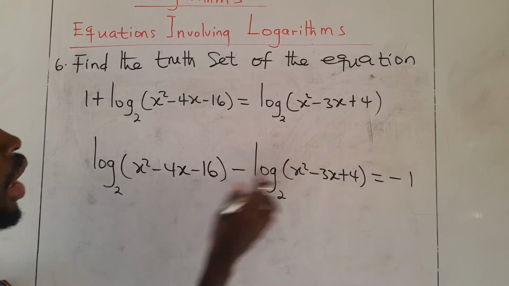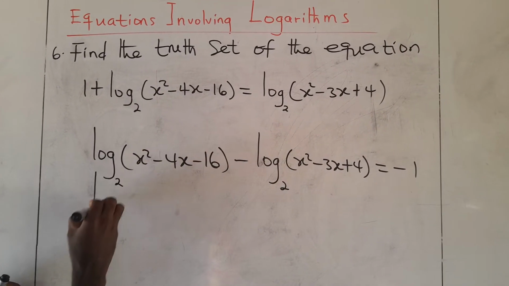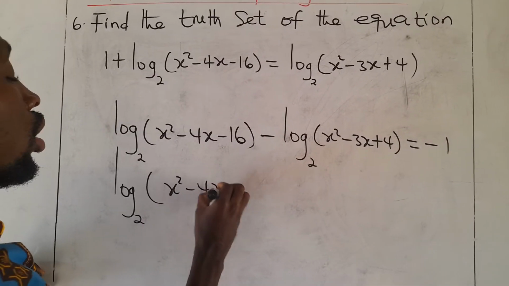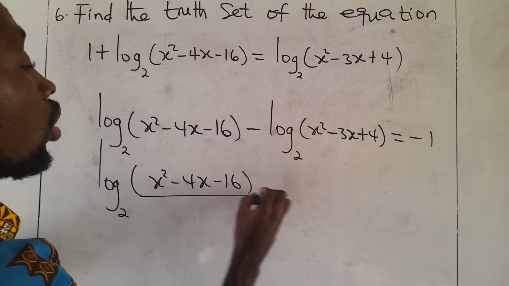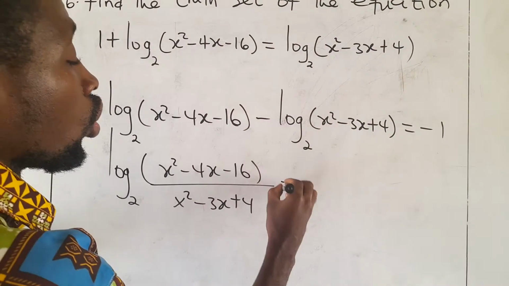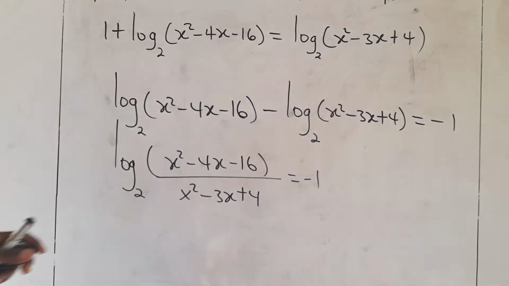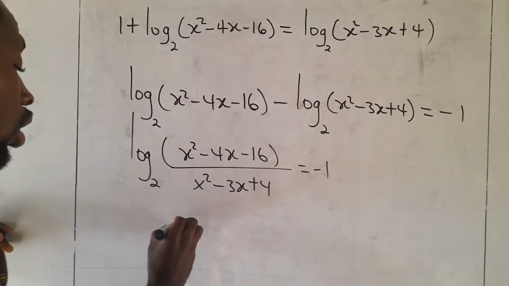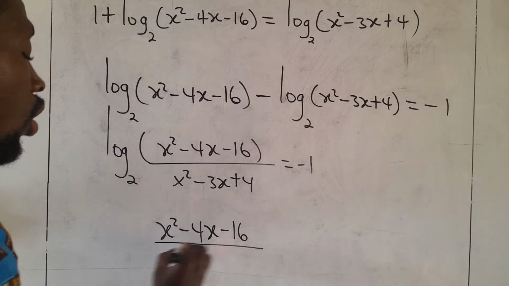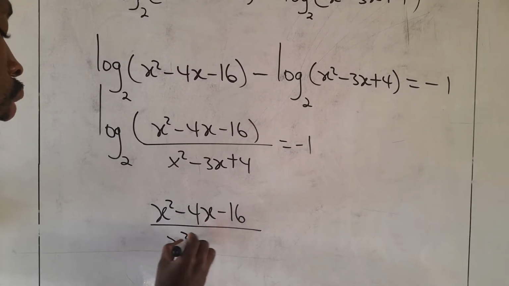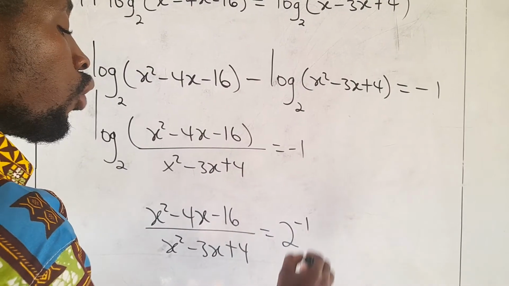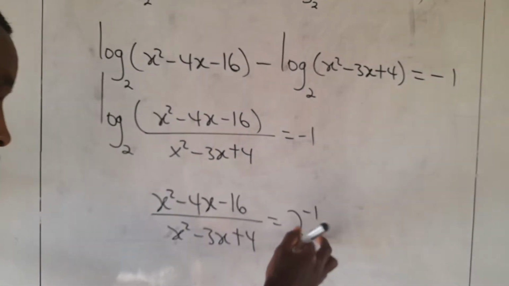So we apply, since they are subtracting, we divide. So we have log x squared minus 4x minus 16 over x squared minus 3x plus 4 will be equal to negative 1. What do we do? We apply that property. So we can say x squared minus 4x minus 16 over x squared minus 3x plus 4 will equal 2 power negative 1. 2 power negative 1 is half.